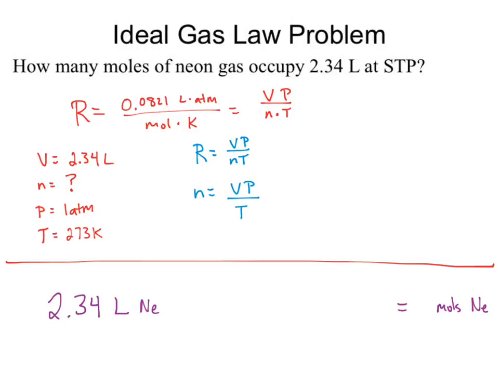N will then equal volume times pressure over T times R. Did I do that right? Yeah. No, because you can multiply N by both sides.